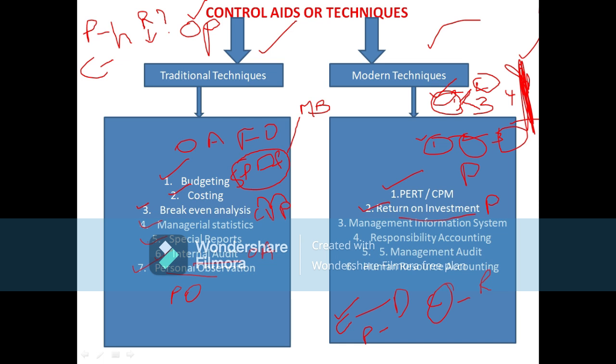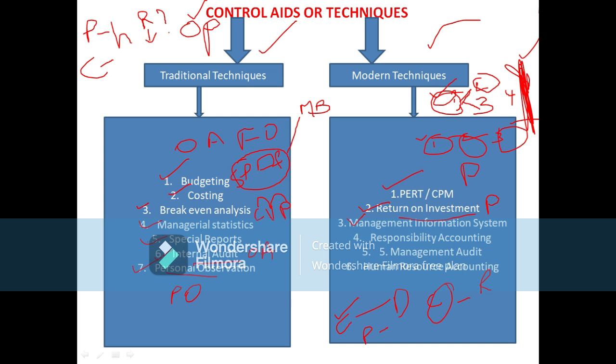Then MIS, management information system. So what does this mean? Information is needed by management for the purpose of control and decision making. So in order to have control and take decisions, definitely information, data, is needed. Under this technique, a separate wing is created within the organization to provide past, present and projected information relating to internal operations and external intelligence.